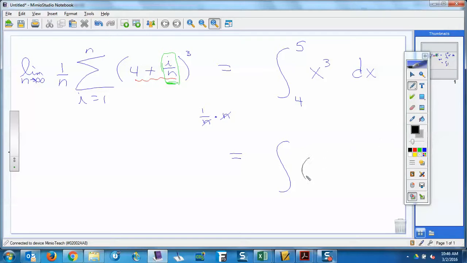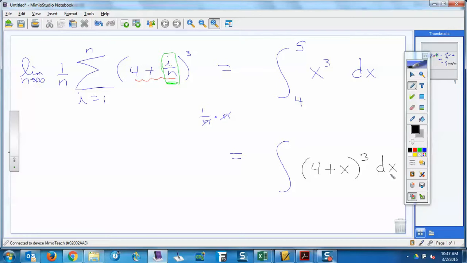And so this function could be 4 plus x cubed, and the 1 over n is still the dx. The difference there is, where is your x starting? If we're only looking at the green part as our x, then I wouldn't say 4 plus 1 over n, 4 plus 2 over n. I would just be thinking to myself, 1 over n, 2 over n, 3 over n.